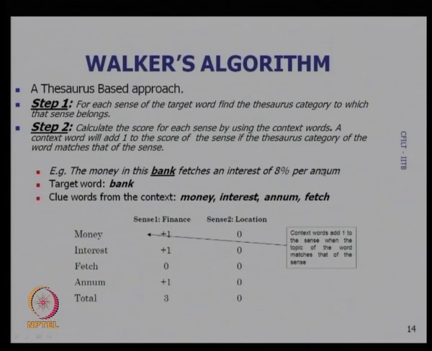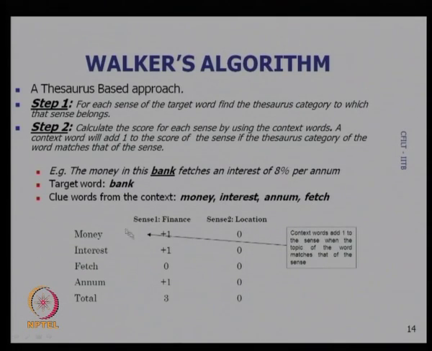So, per annum is also a fixed phrase which is highly used in the financial domain. 8% is the rate of interest. So, the clue words here are money, interest, annum and fetch. Fetch is also of course an important clue, because this is a verb, a content word in the context.